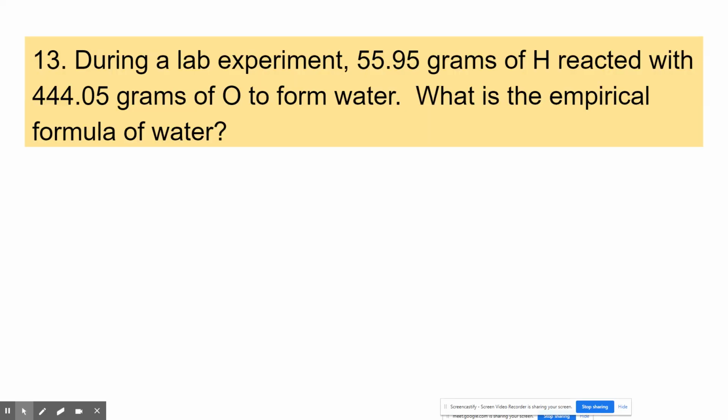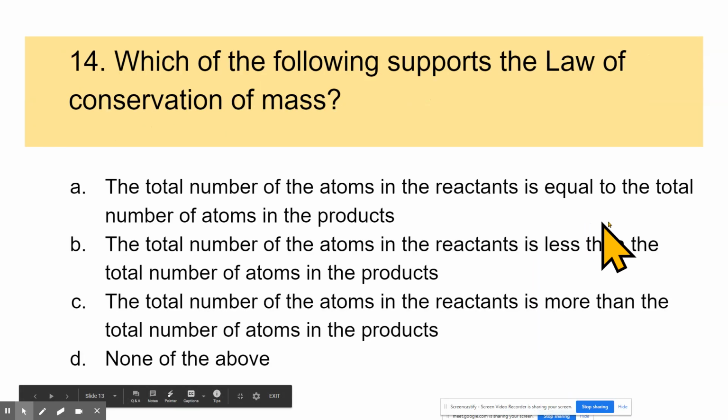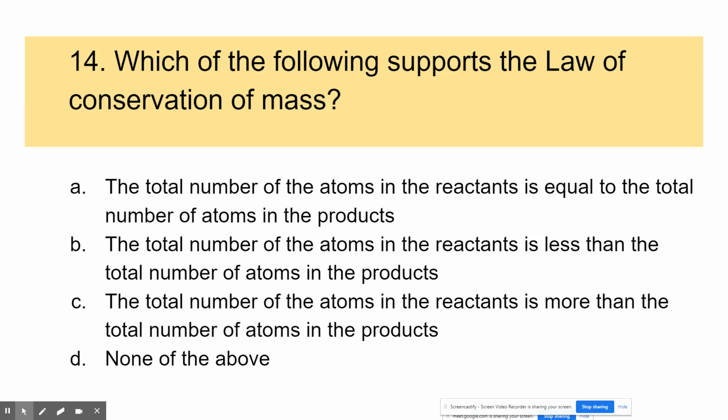Let's look at problem number 14. Oh, this one's easy. Which of the following supports the law of conservation of mass? Remember, guys, the law of conservation of mass states that mass is neither created nor destroyed, but only changed in form. And that's the reason why we balance chemical equations, just to make sure that the law of conservation of mass holds true.